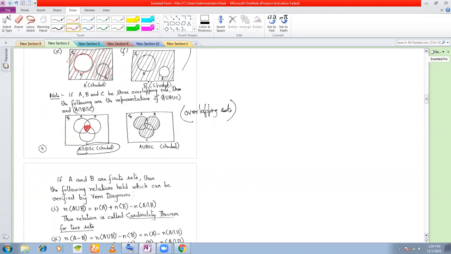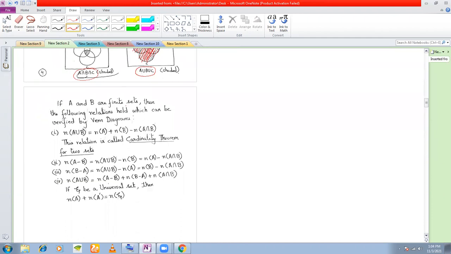This represents your A intersection B intersection C. Okay, no confusion. Yes, sir. And if I want to represent A union B union C, then it represents all the area within the three circles, whether common to two circles or common to three circles. Such a set is called A union B union C. This set is called A intersection B intersection C.